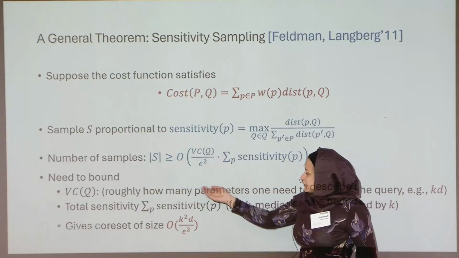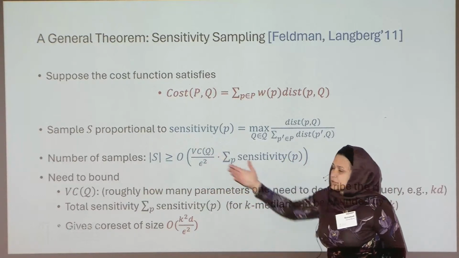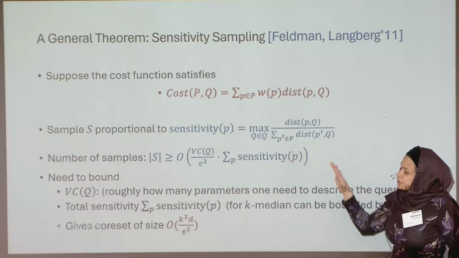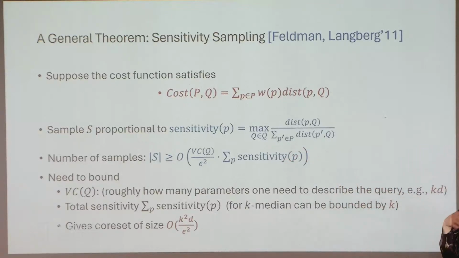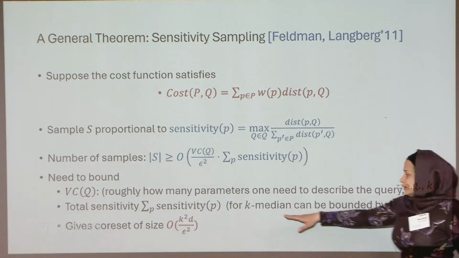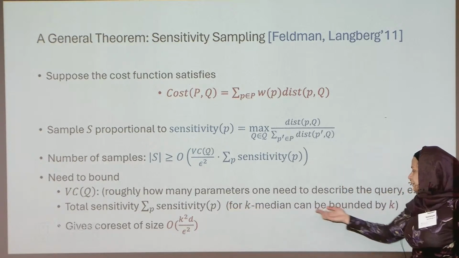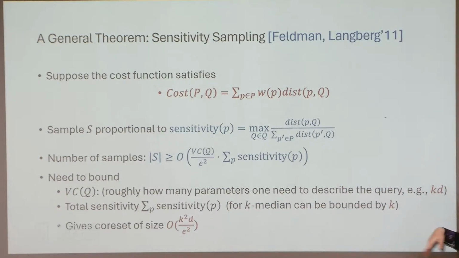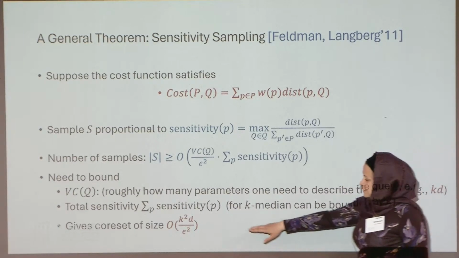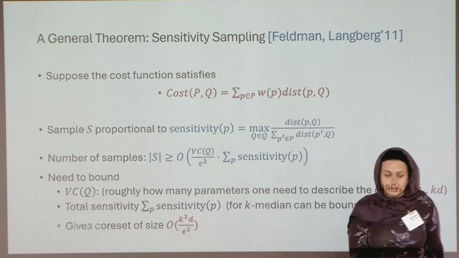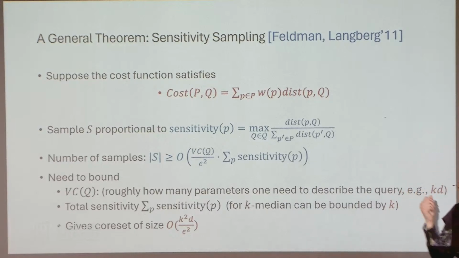In general, the VC dimension is roughly how many parameters you need to describe the query. Here we have k centers, each in dimension d, so this is going to be kd. Then we also need to bound the total sensitivity. For k-median, one can bound it by a factor k. So this gives a coreset of size k squared d over epsilon squared for the k-median problem.